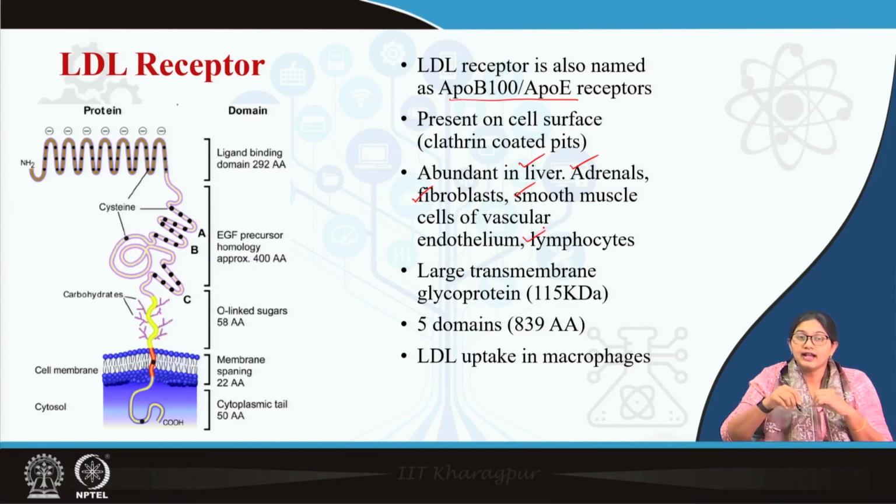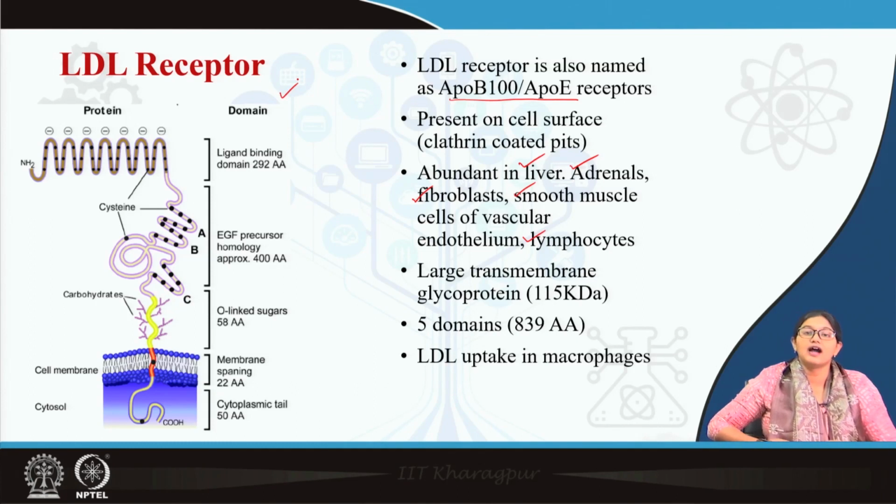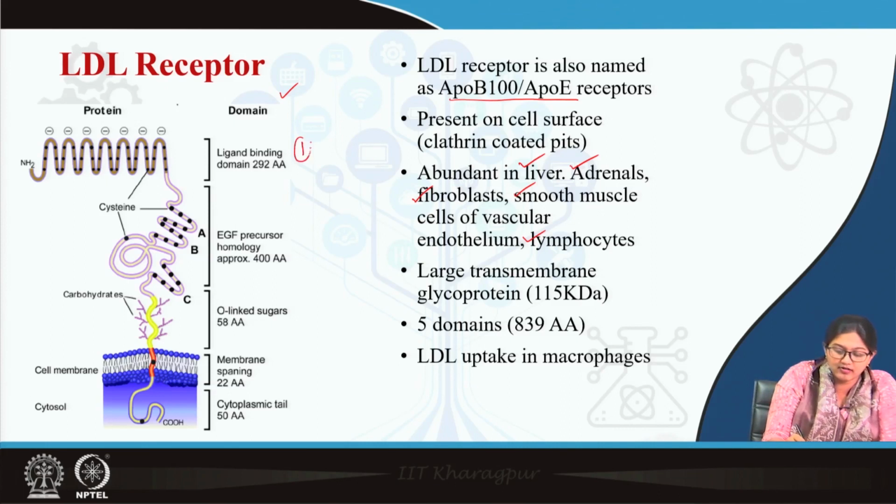As you can see in this diagram, it is a large transmembrane glycoprotein receptor of around 115 kilodalton molecular weight. This receptor has 5 domains, and the mature receptor is 839 amino acids long, containing 5 domains. So, these are our 5 domains.